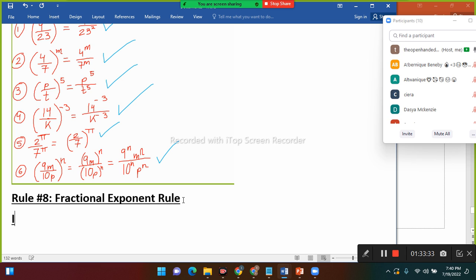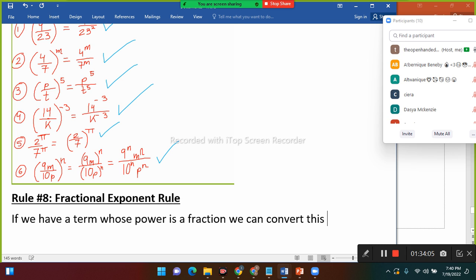Let's consider that one. If we have a term whose power is a fraction, we can convert this term to some expression containing a radicand, a root, and a power.